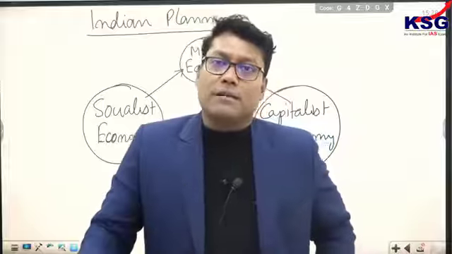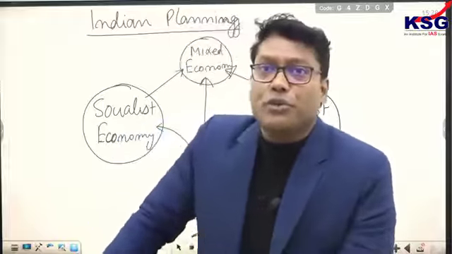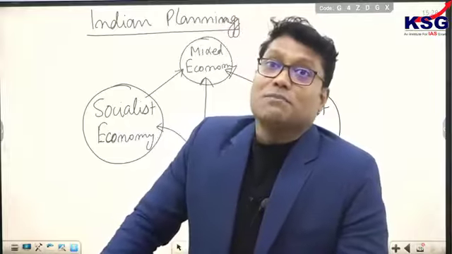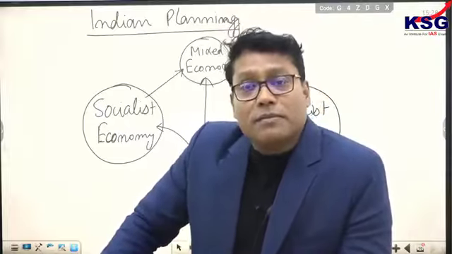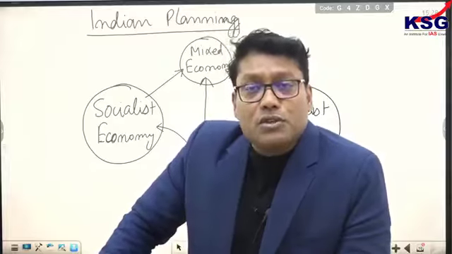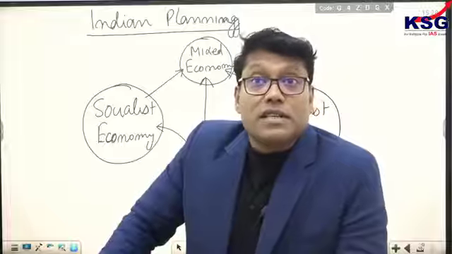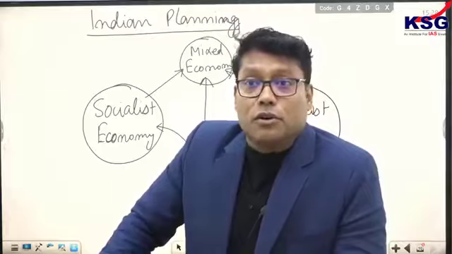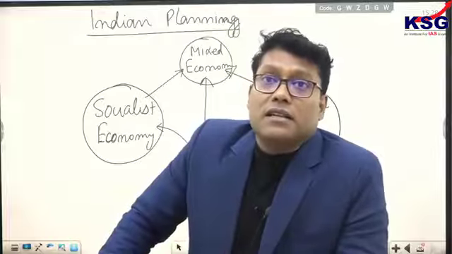Take one example. In the first 5-year plan, priority was given to the agriculture sector. That becomes a specific objective for that plan. In the second 5-year plan, special focus was given to industry. So industry becomes your special focus, or specific sector or specific goal. Take the example of the 11th 5-year plan.